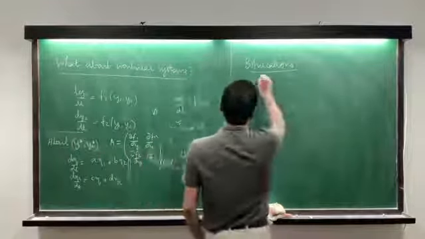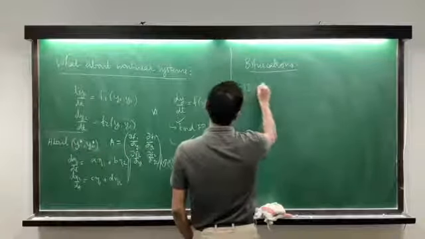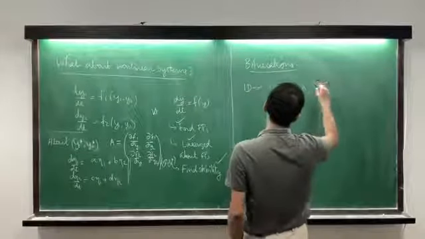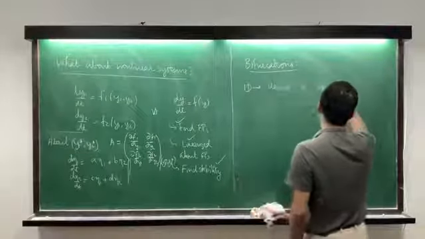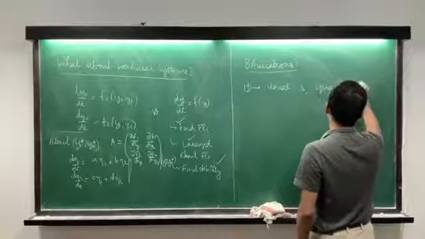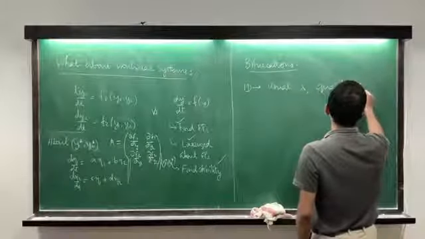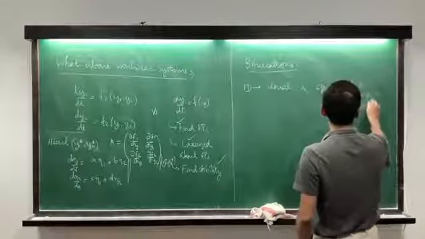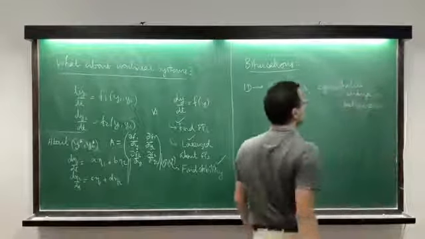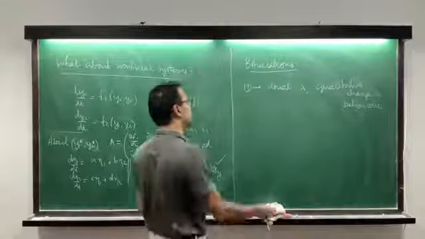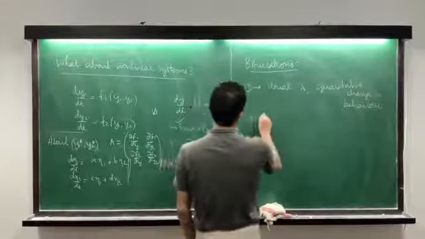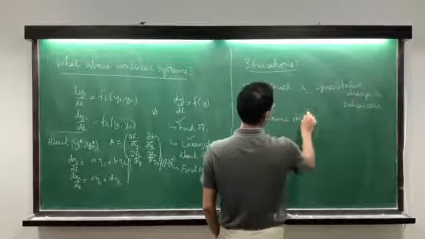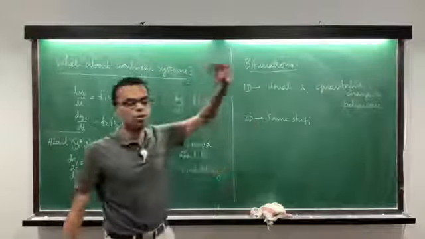Bifurcations. Now in 2D, remember in 1D we had this lambda and you change lambda and there's a qualitative change in behavior. In 2D, the same stuff happens, same as what happens here, but in addition, you have more complexity.